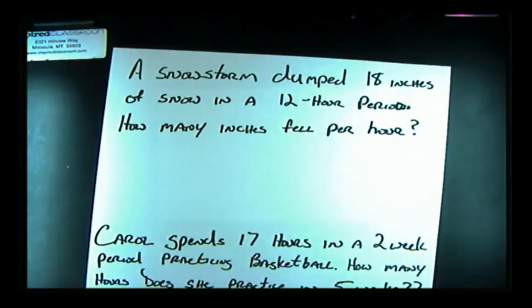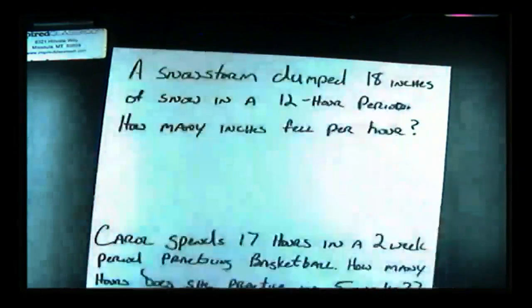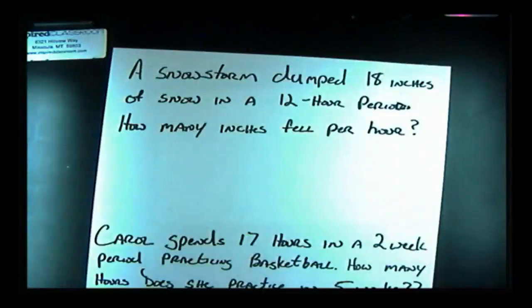So here we go. I'll give you guys a moment to look at this, pause this, take a look, see if you can set up the proportion, and in a second I will show you how I do it. Okay, a snowstorm dumped 18 inches of snow in a 12-hour period. That seems reasonable. That happens to us here in Montana all the time.